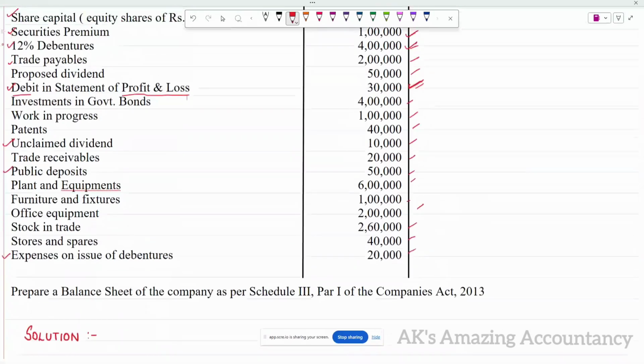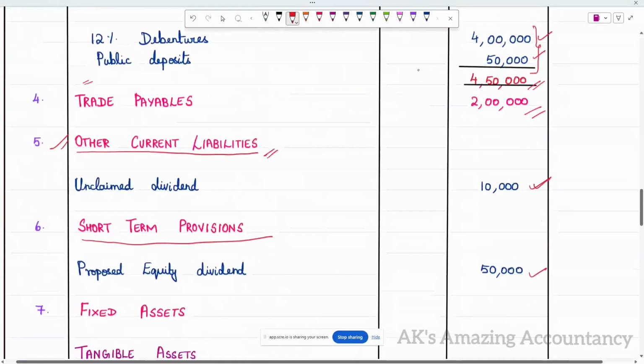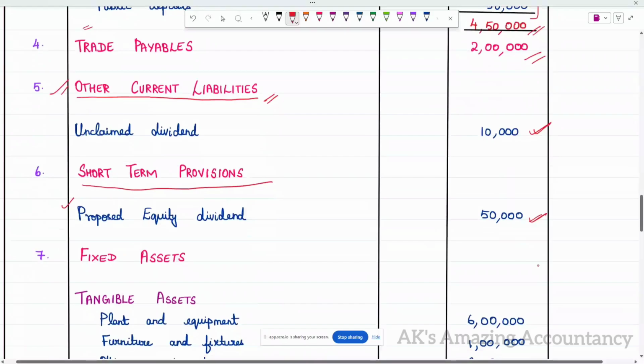Just see here, it is this item. It is 50,000. So this will come under which heading? It will come under the heading short term provisions. Usually proposed dividend will come under provisions, so it is coming under short term provisions.